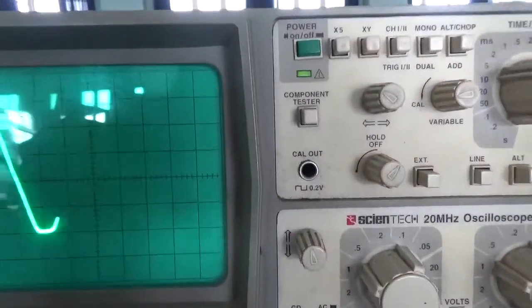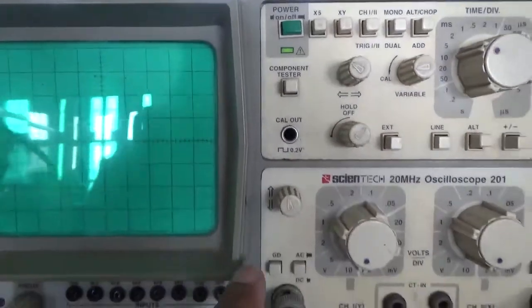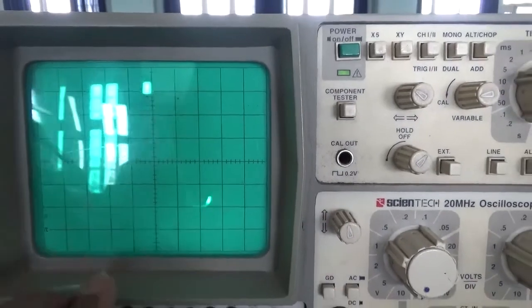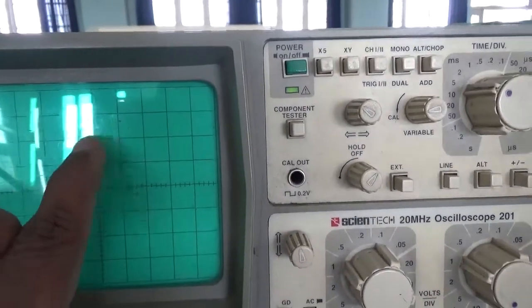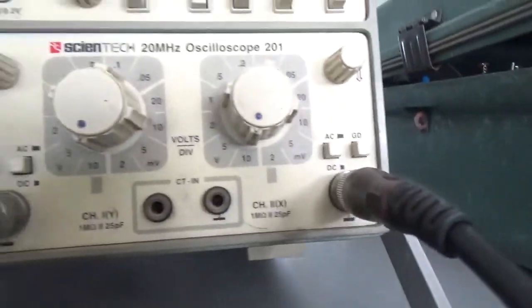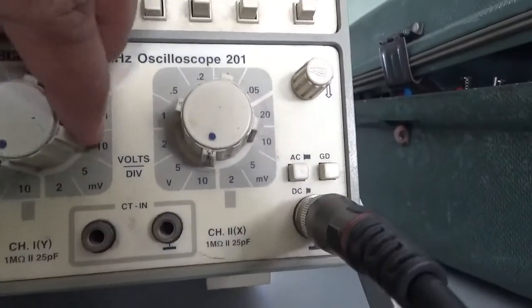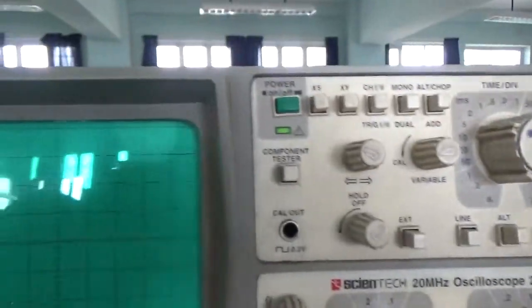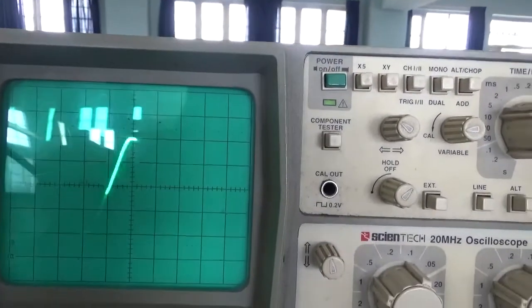The amplitude is 2 units from the zero reference. Let me show the ground point. The amplitude is 2 units, and we have kept the volts per division at 10. So 2 into 10 is 20 volt, which is the peak value of this sine wave.